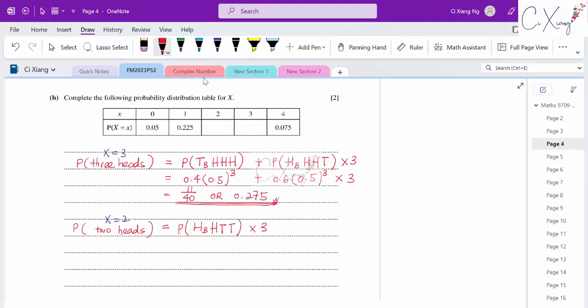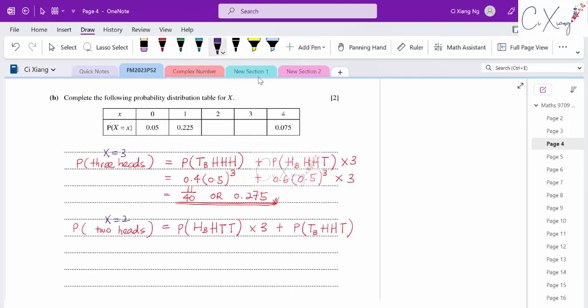After that, what kind of outcome can I still have to obtain 2 heads? It is also possible that I have the tail in the biased coin, and then in the fair coins, I get 2 heads and 1 tail. If you look at this result, it means we have 2 heads in total.